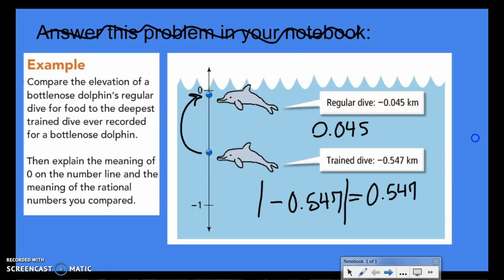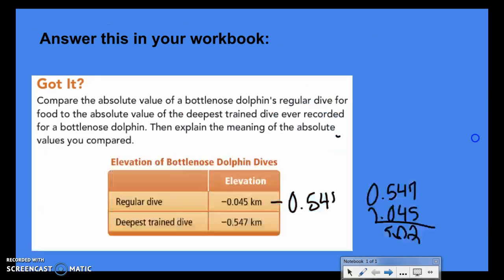What's the difference? All you have to do is line up your decimals and subtract. Okay? 7 minus 5 is 2. And as you can see, the difference is 502 thousandths of a kilometer.